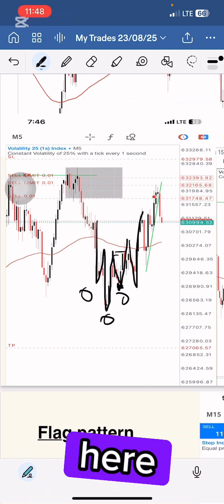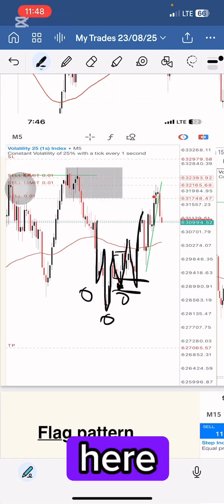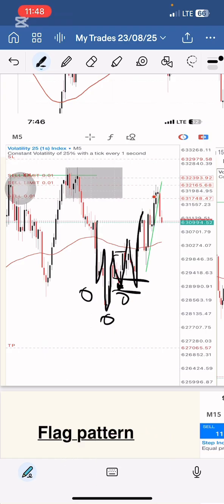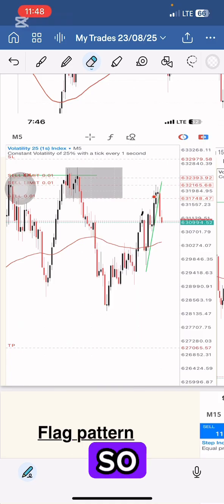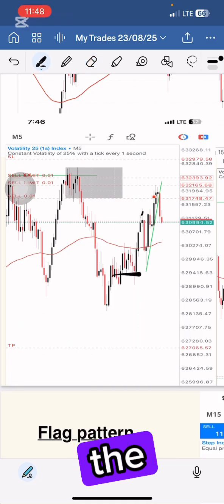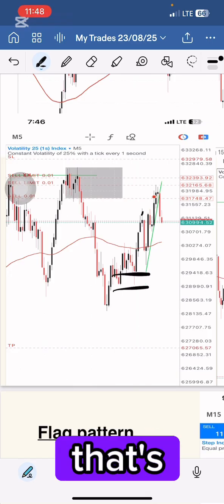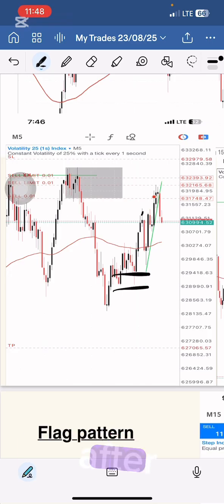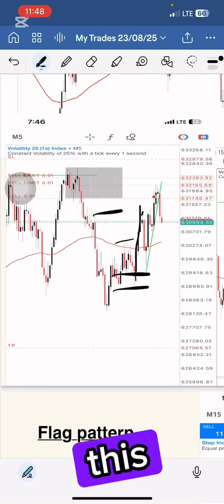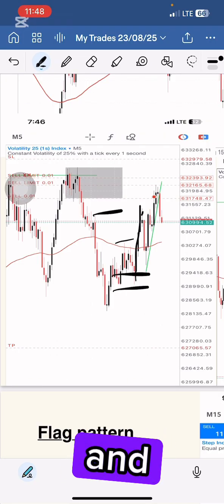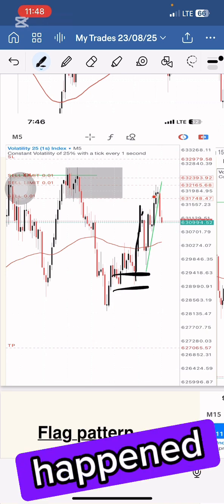Price dropped here to this other block, and that's where price dropped to. After price dropped to it, it pushed up, took out this high, also took out this one.